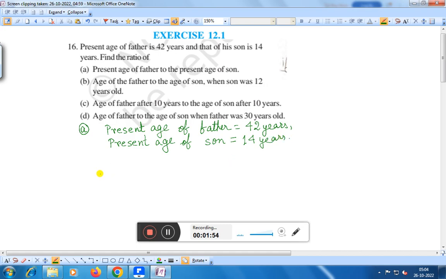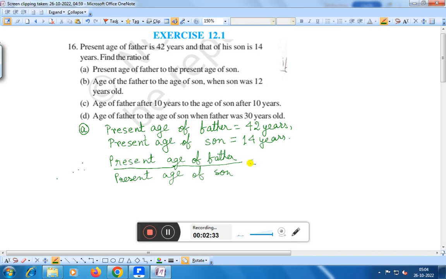Right? Find the ratio of present age of father to the present age of son. The ratio will be present age of father to the present age of son.